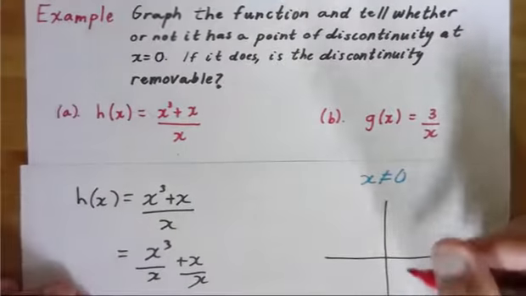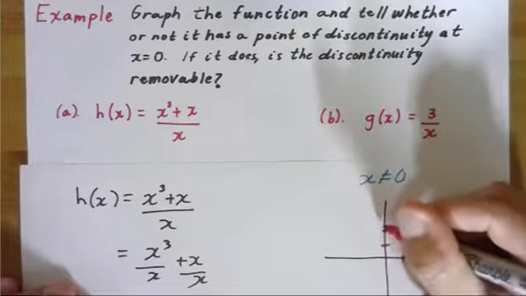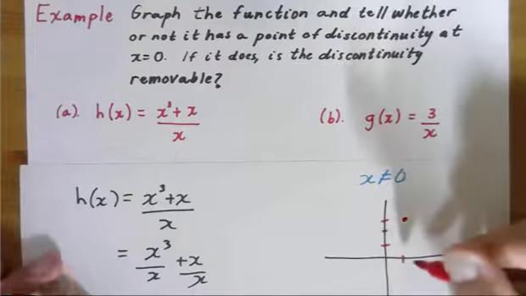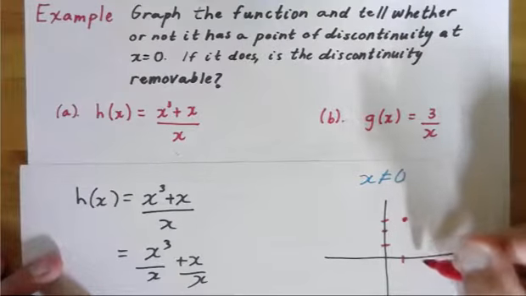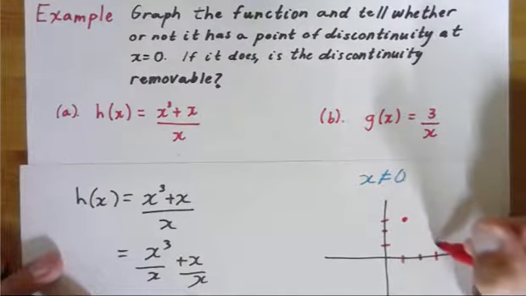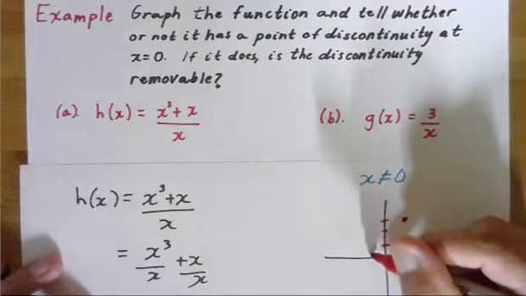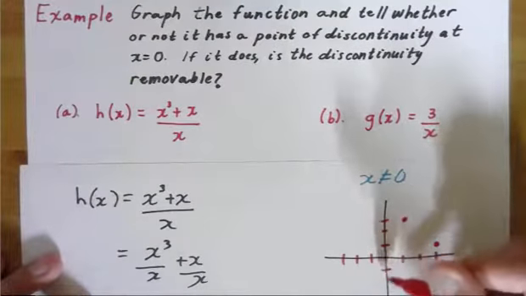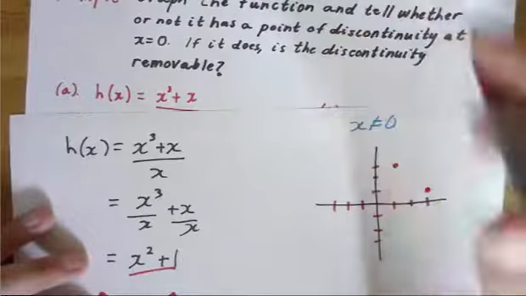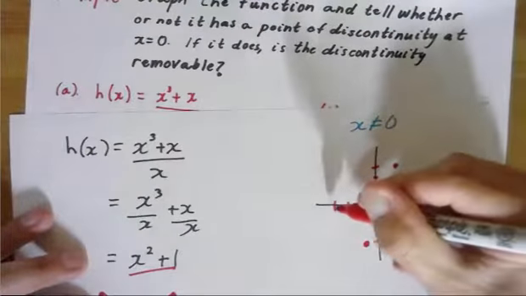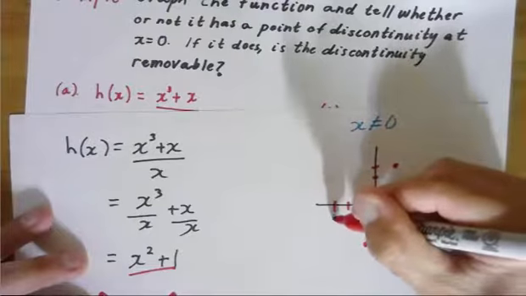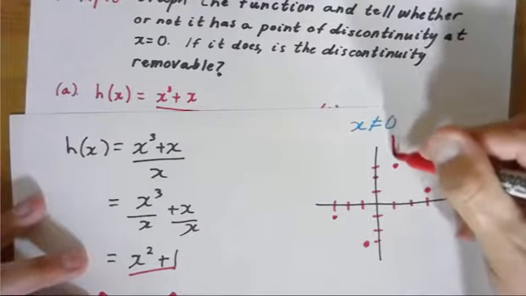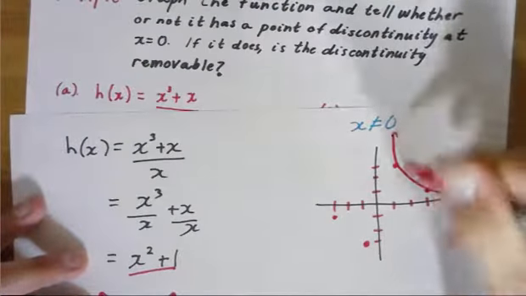If I use 1, I get 3. If I plug in 3 for x, I get 1. And if I use negatives, if I use negative 1, I get negative 3, okay, for my graph. And if I plug in negative 3, I get negative 1. So I can go ahead and draw my graph in.